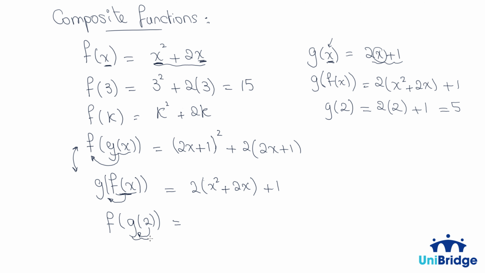So if I know that this as a whole is equal to 5, now I have a very simple question, which is I want f of 5. So I take the 5 and replace x in the f with 5. So if this is my function, then I'll replace x with 5. So this becomes 5 squared plus 2 times 5. And this is going to give me 35. And this is my final answer.